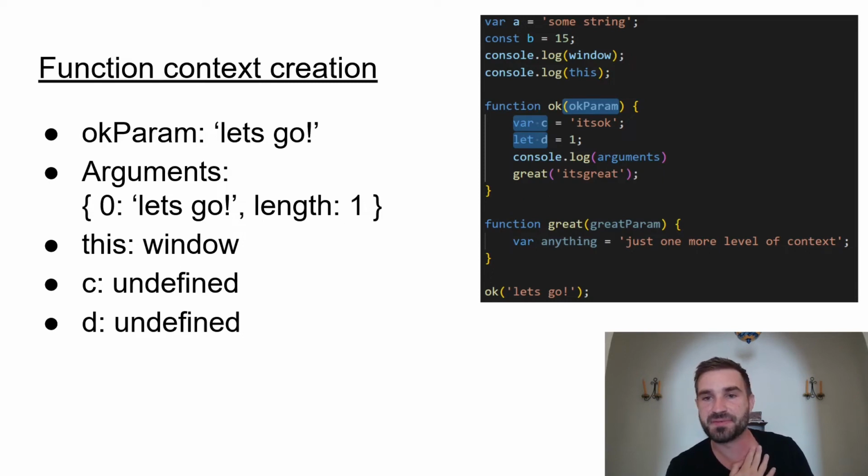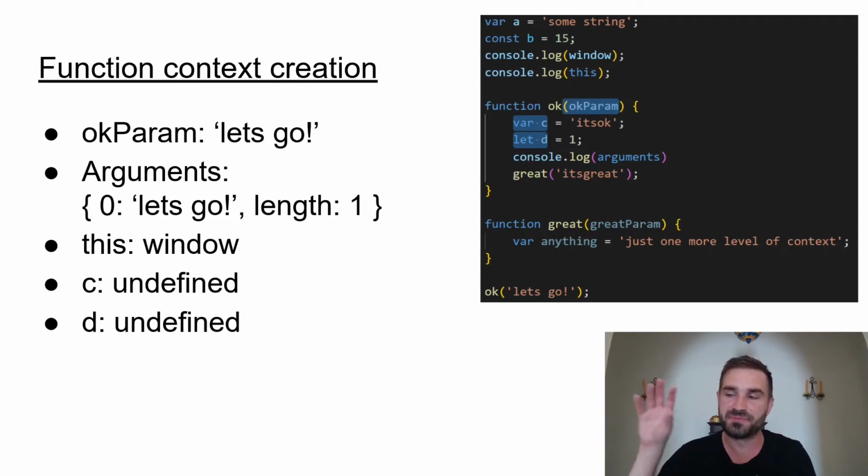What else have we got? So the value of this is again recalculated. It happens to be the same as before. It's the global object again, and C and D, the variables, some more space is set aside for them, but not initialized.